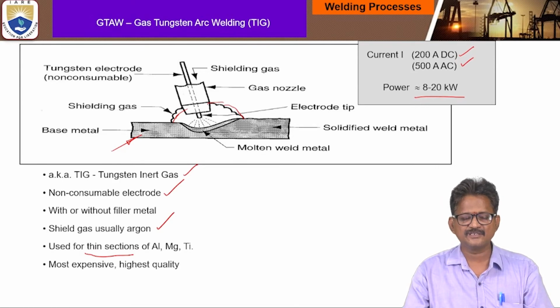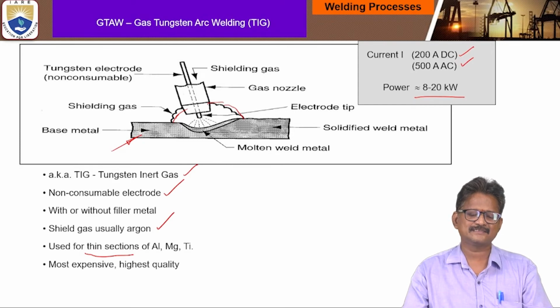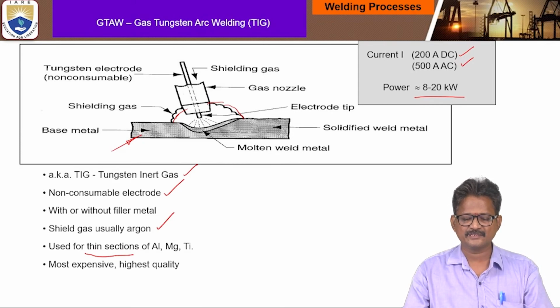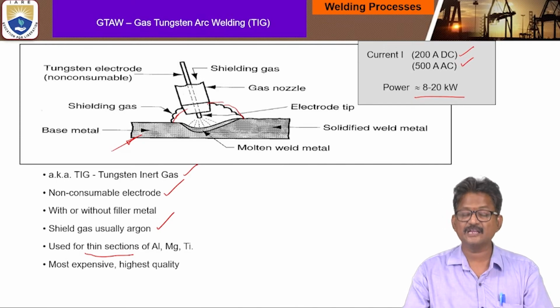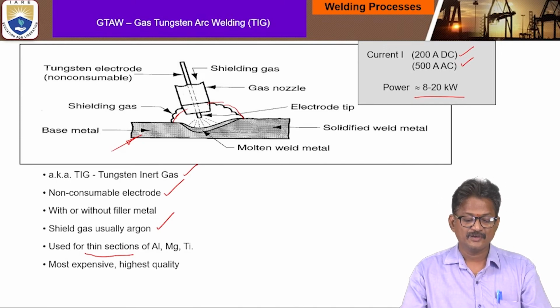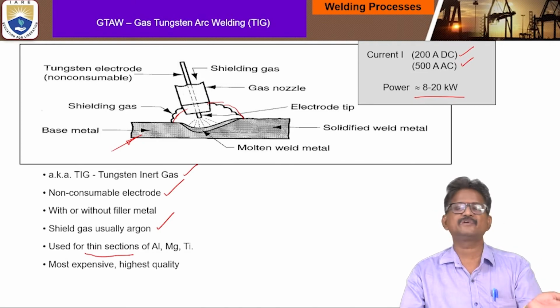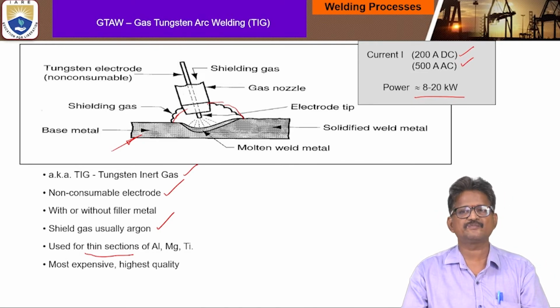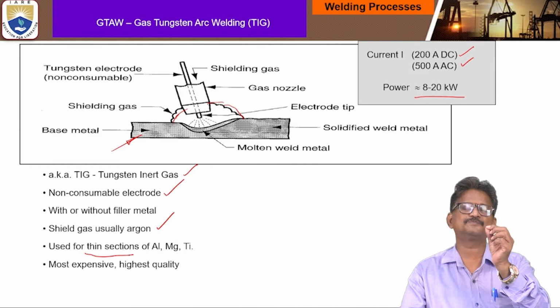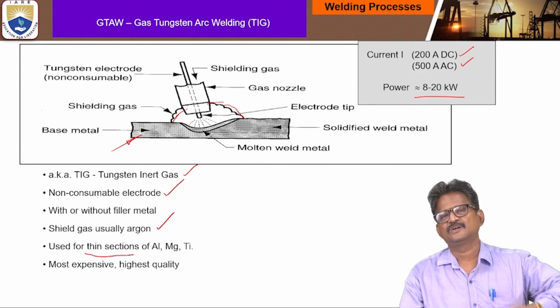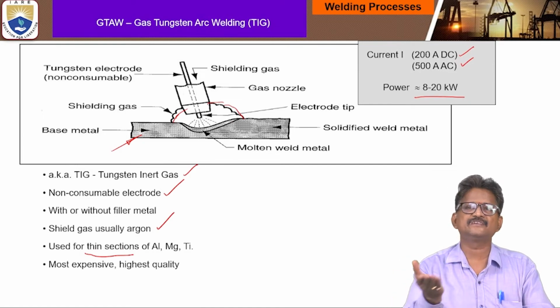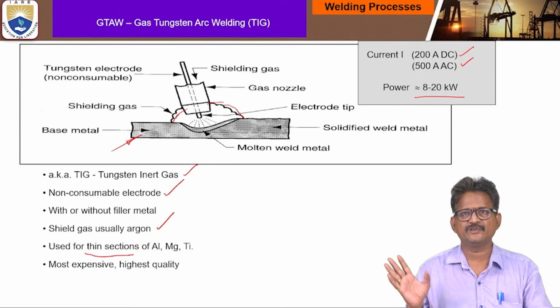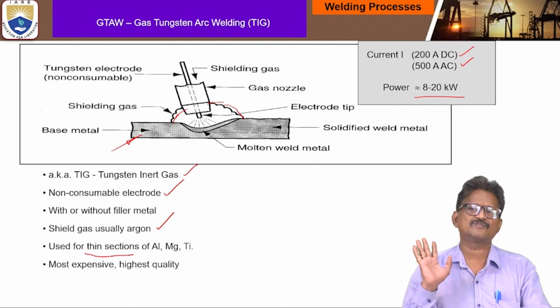So this is about the gas tungsten arc welding process. It is a high quality and most expensive process, where sometimes filler metal is used and sometimes not, and it can weld very thin sections, especially aluminum, magnesium and titanium, easily fabricated using GTAW, gas tungsten arc welding.